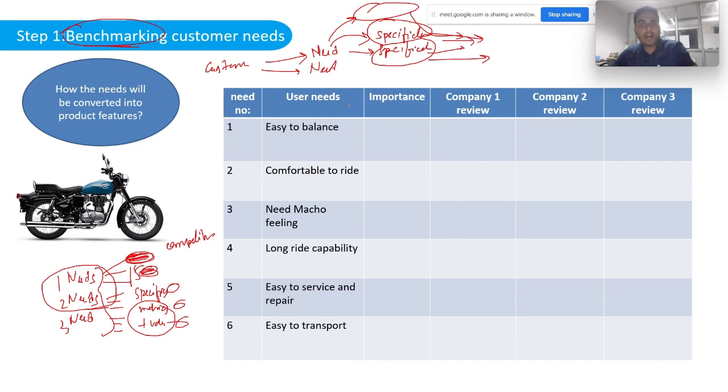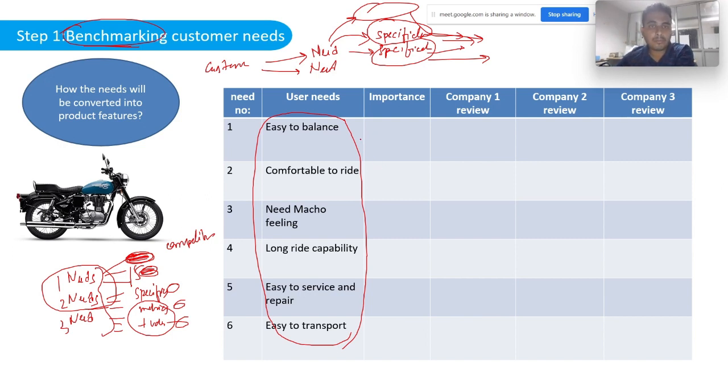So how do we do that? As soon as we have our needs from customers, we first rank them according to customer requirements and our understanding of the interpreted needs.